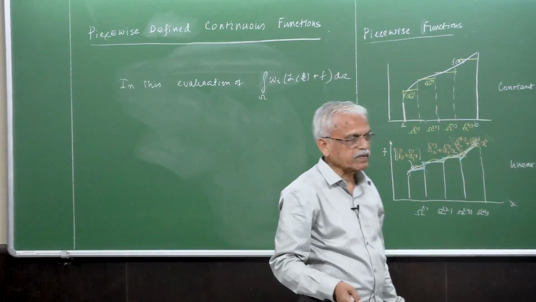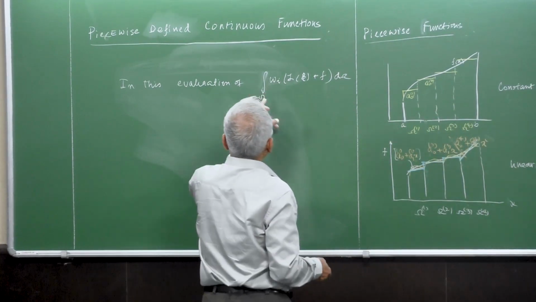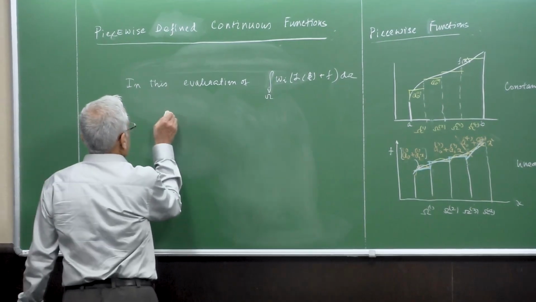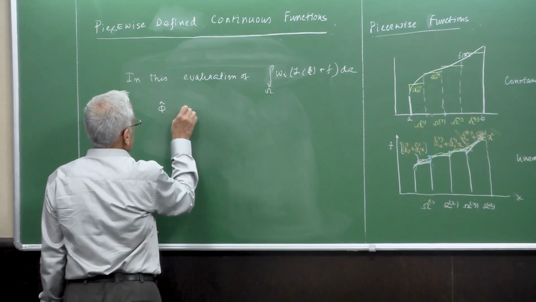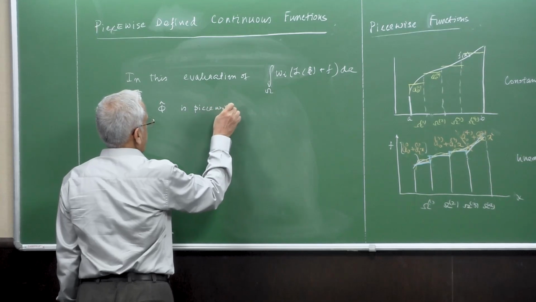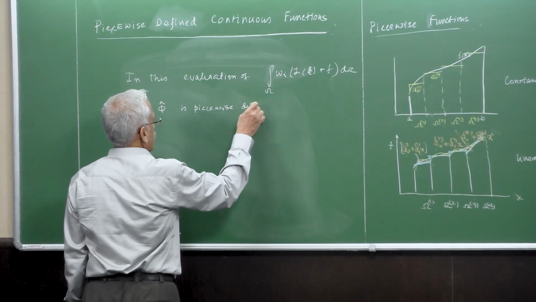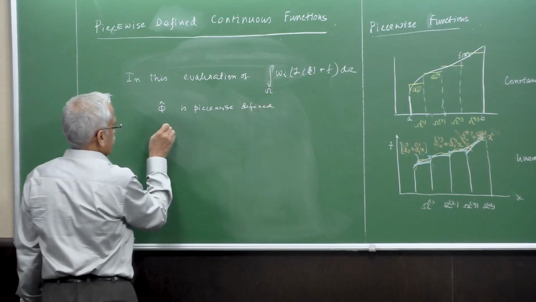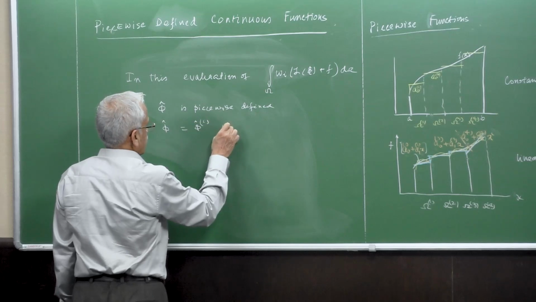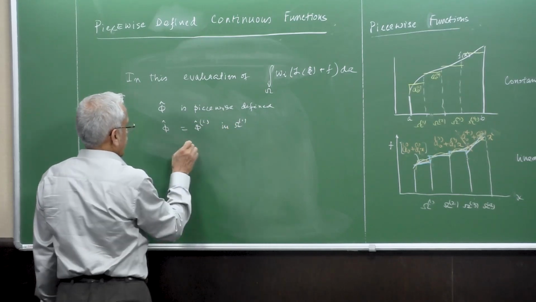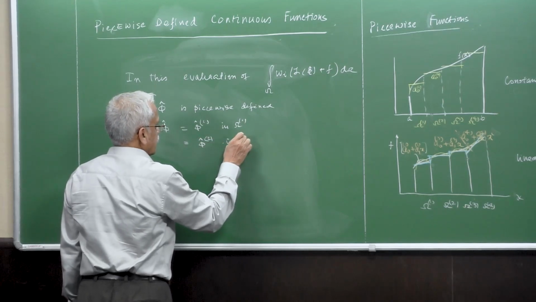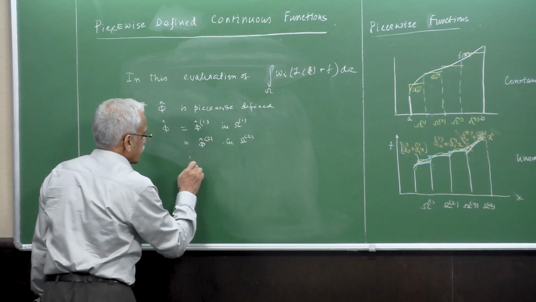You have an integrand which is integrated over the domain omega. So phi hat is piecewise defined. That means phi hat is equal to phi hat 1 in omega 1 and equal to phi hat 2 in omega 2 and so on.